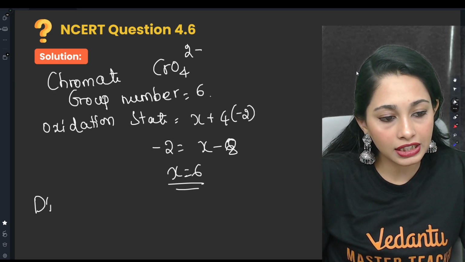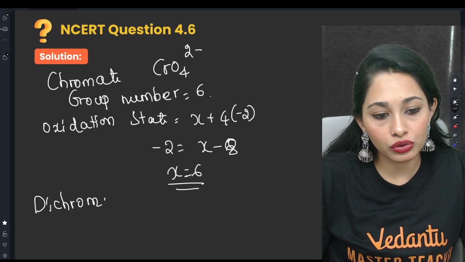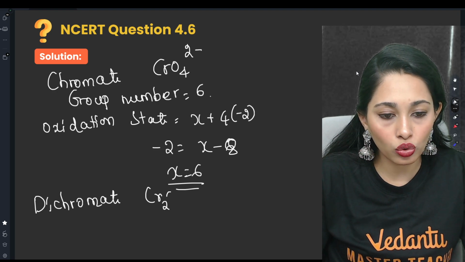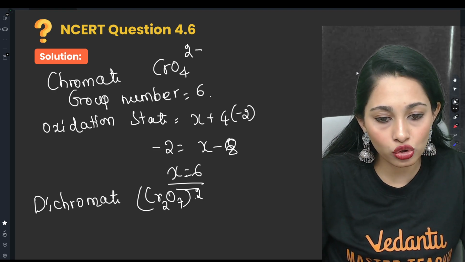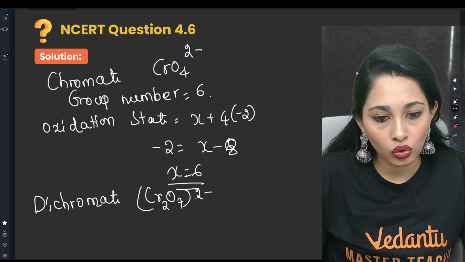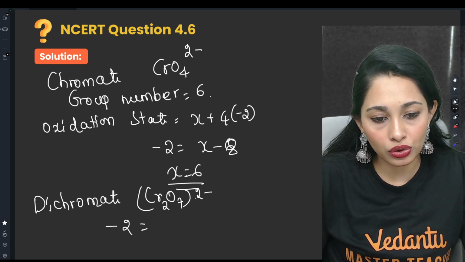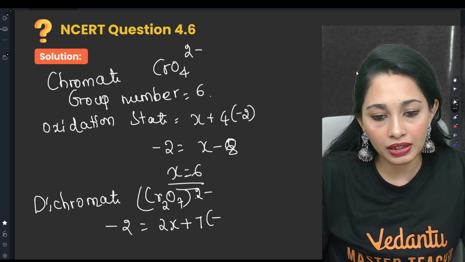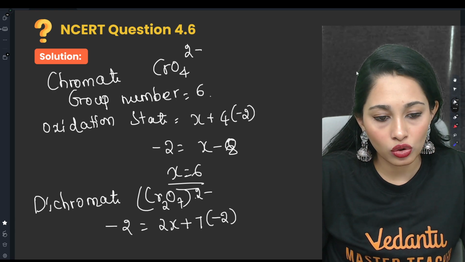So if we see dichromate, we already know the group number. Okay. So dichromate, Cr2O7, it is 2-. So oxidation state minus 2 is equal to 2x plus 7 into minus 2. So what will be the value?